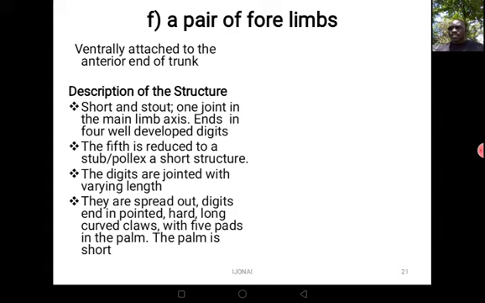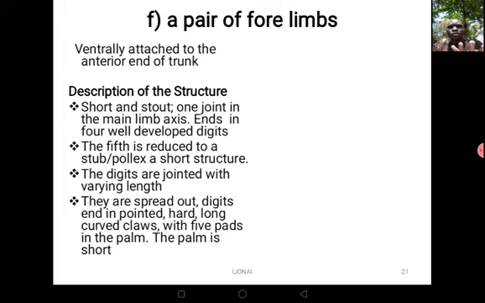The digits end in pointed, hard, long, curved claws with the 5 pads in the palm. There are 5 pads in the palm. Those pads are used usually to absorb shock when they are landing, but also to minimize friction when they are moving.